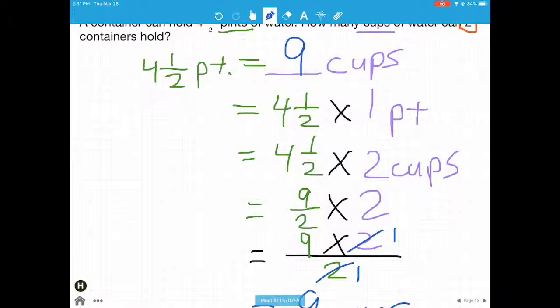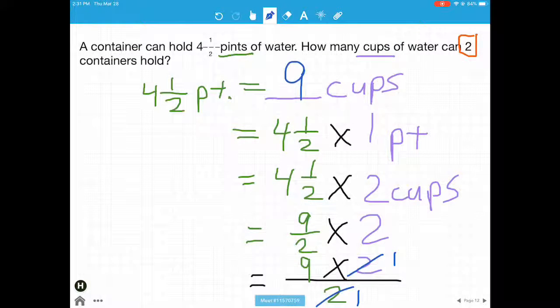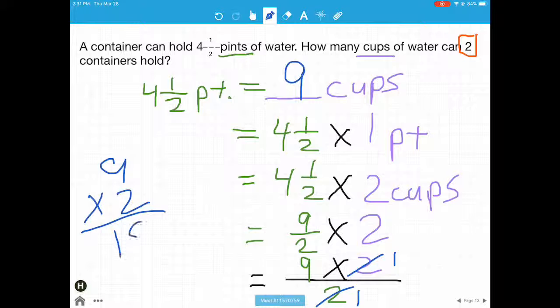Okay, but that's not our final answer. That's an answer from 4.5 pints. We have 2 of them, as stated here, 2 containers. So 1 container of 4.5 pints has 9 cups. So 2 containers would just be a multiplication of these 2. So 9 cups times 2 gives me 18 cups.